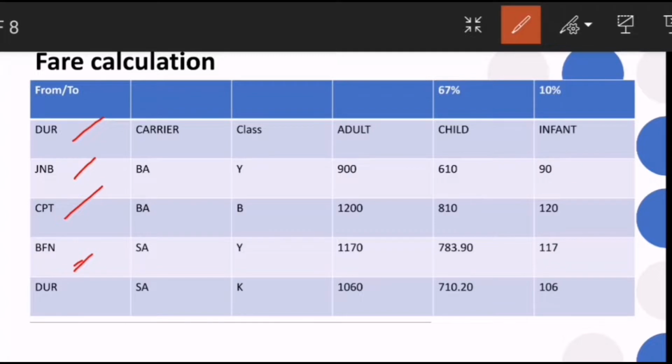So you will then go to each city, you will go to your fare handout, and under taxes you will look for the tax that is dedicated for each departure city, then add it up. So you will charge the departure tax for Durban, Johannesburg, Cape Town, and Bloemfontein, then add it up, and that will give you how much your PSC is.